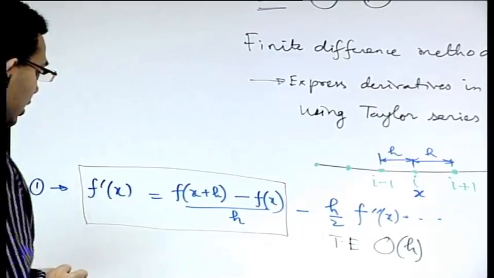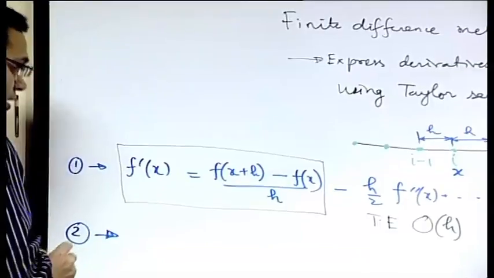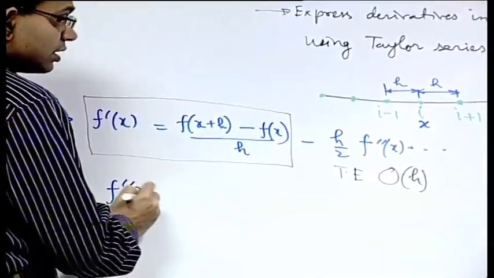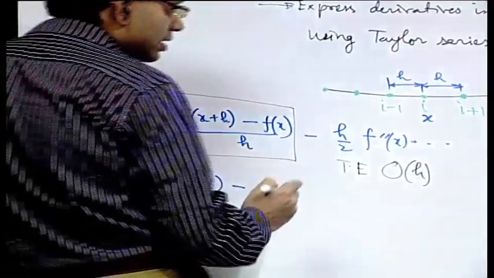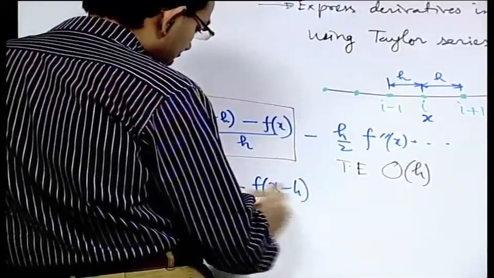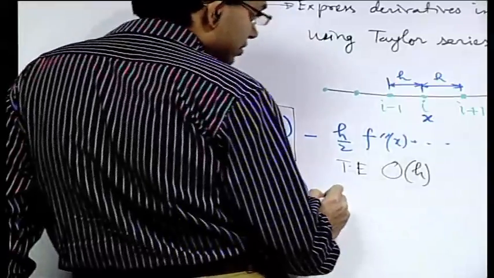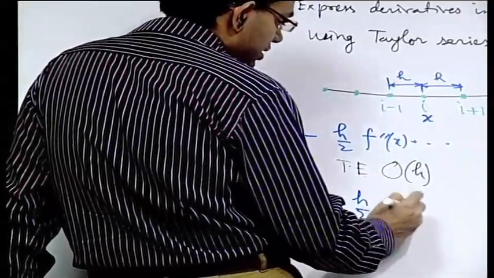Similarly, from equation 2 you could write f dash x is equal to f x minus f x minus h divided by h plus h by 2 f double dash x.